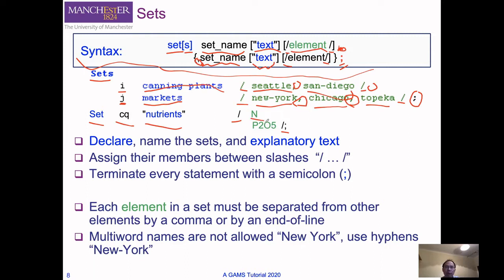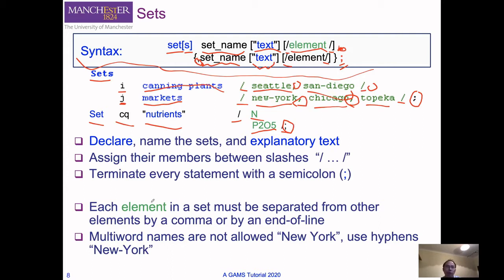They are N and P205. Because these two elements are input in different lines, so we don't need to use comma to separate them. They are separated automatically by the end of line. After that, semicolon is added to tell GAMS this statement is finished.